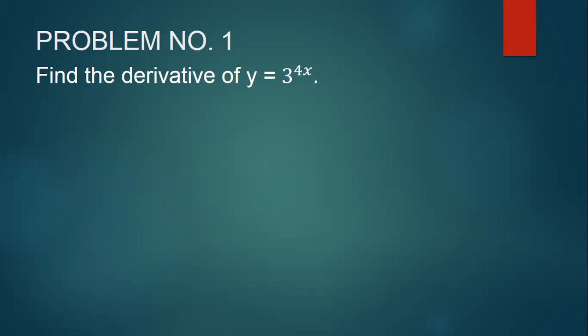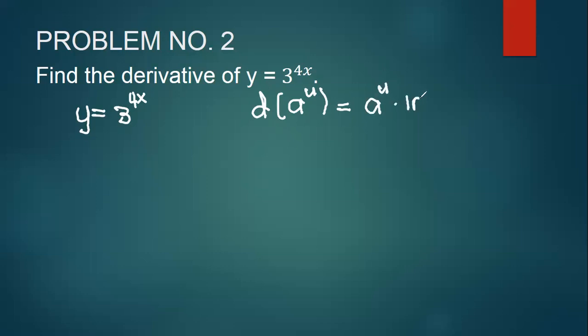We're asked to find the derivative of y, which is equal to 3 raised to 4x. I'm going to copy the function. So y is equal to 3 raised to 4x. Remember, the derivative of a raised to u, where a is a constant, is equal to a raised to u times ln of a.